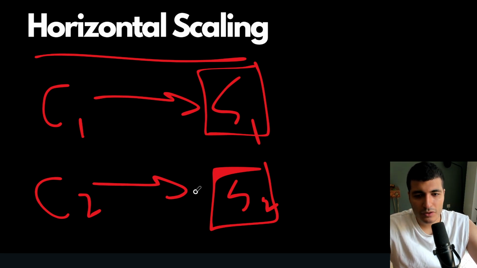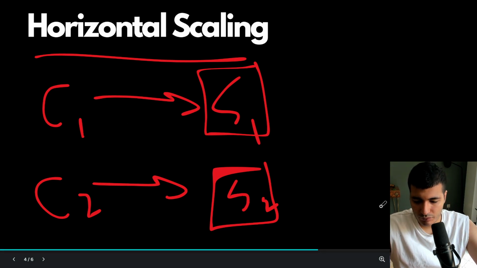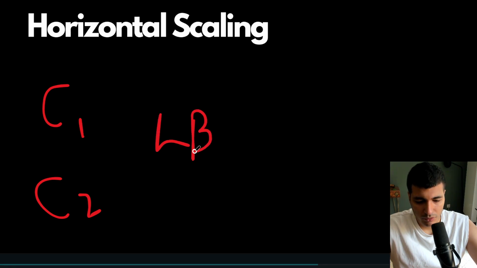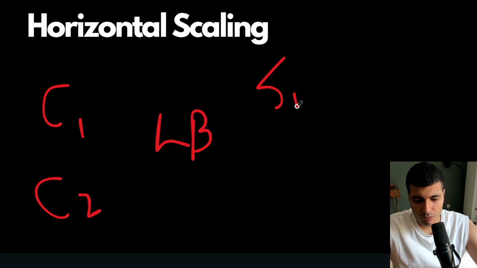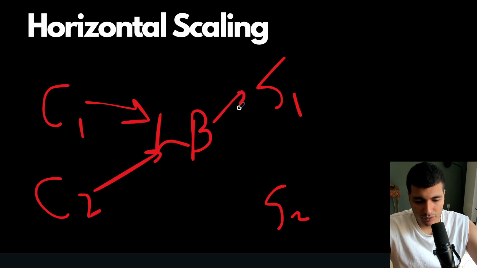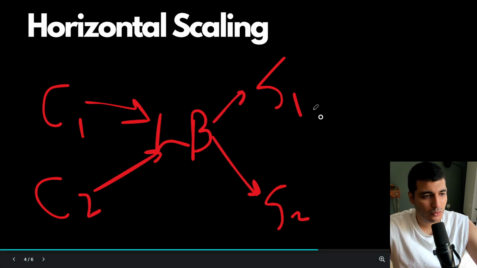So how it works: you deploy multiple copies of your application or service across different machines. In between, we have something we call a load balancer, which will distribute all the incoming requests coming from the clients across the servers, because the clients don't know the locations of all the servers.